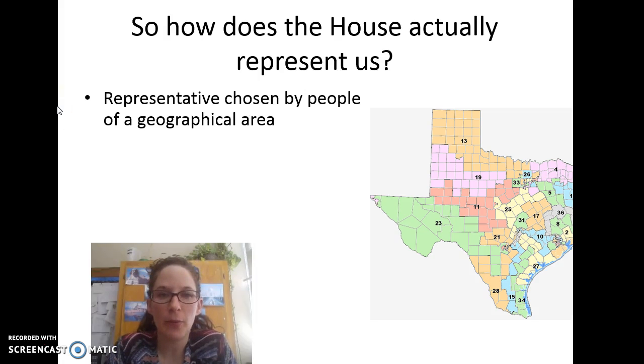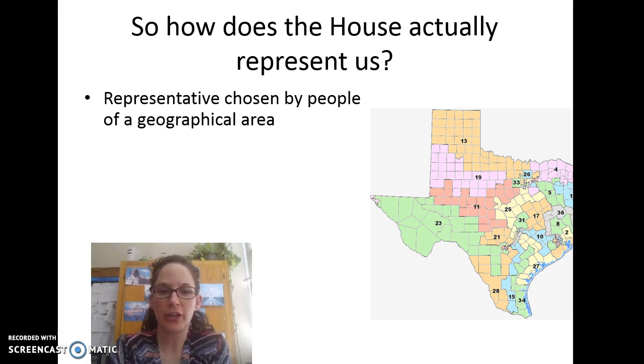So with our system, a representative is chosen by the people of a geographical area. That way, the representative from District 23, when he's in Congress, can be thinking about the folks that live in West Texas. The great thing about this system is it ensures that every citizen has a single particular representative that they would appeal to.